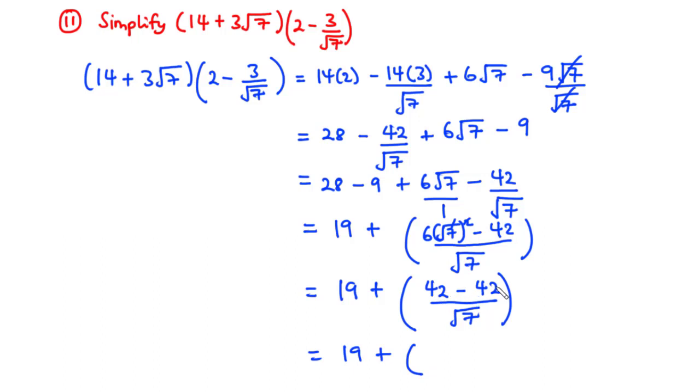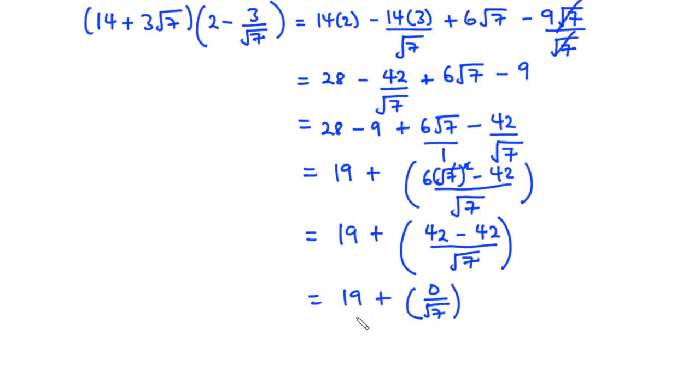Now 42 minus 42 is 0, and then we have 0 over root 7. 0 over any non-zero number is 0. So we have 19 plus 0, which is equal to 19. So 14 plus 3 root 7 times 2 minus 3 over root 7 is equal to 19.